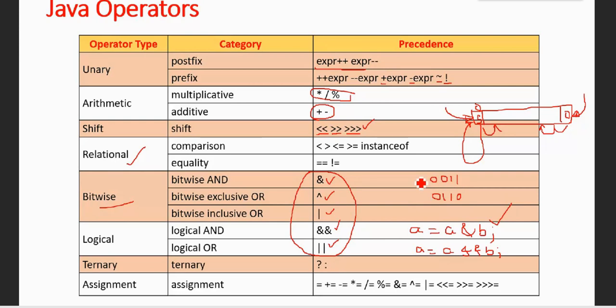When the value of A is this and the value of B is this, if I perform the first expression, A equal to A single AND B, it performs the bitwise logical operation. That means it performs the AND operation of the 0th bit of A with the 0th bit of B. Now 1 and 0 is what? 0, sir.